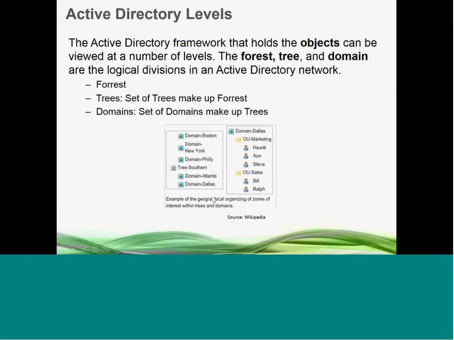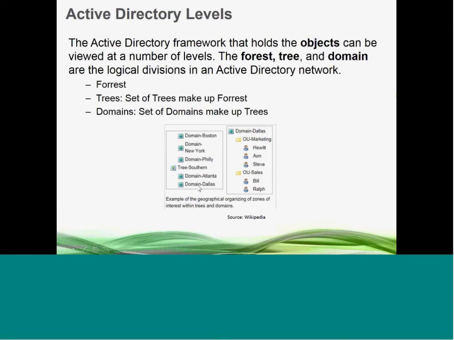I copied this image from Wikipedia, and if you take a look here, you've got the domain Atlanta and domain Dallas, which make up the tree, the southern tree here, and domain Philly, New York, and Boston, not shown here in this picture, probably make up a tree something like northeast instead of southern.